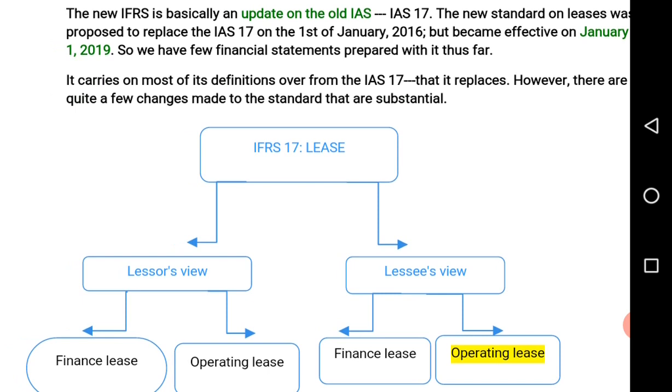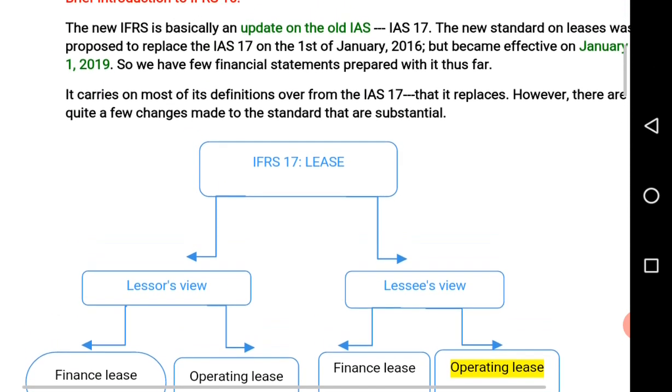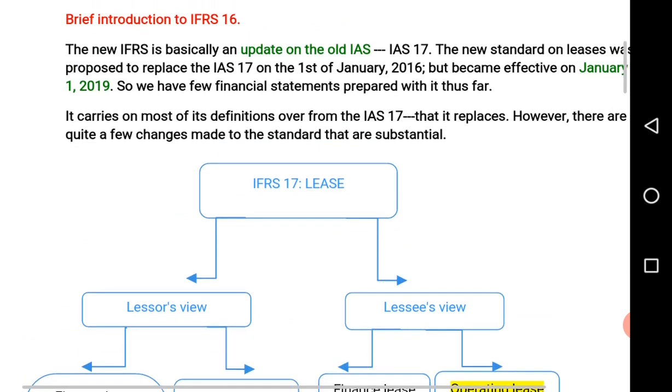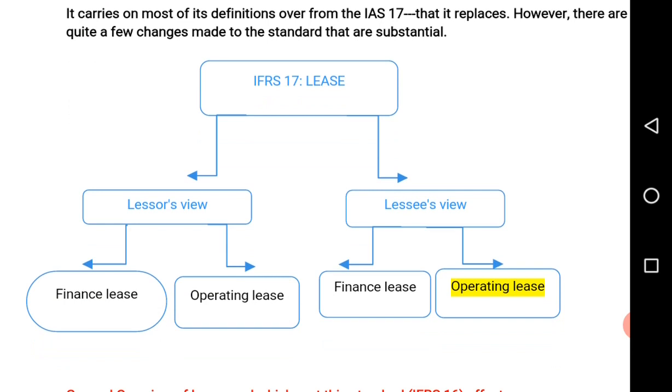We have lease, then in a lease we have the lessor's viewpoint, and then the lessee's viewpoint, and each one of them has the finance lease and an operating lease in them. So the treatment of the new standard IFRS 16 differs majorly in the area highlighted in this diagram, that is the treatment of operating lease in the lessee's view.